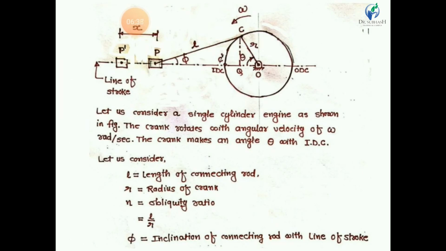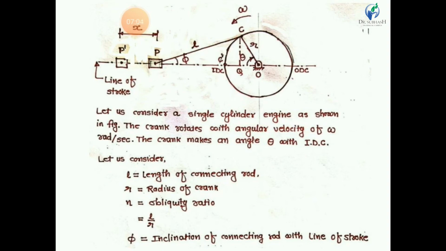Now again consider, when the crank rotates through theta degrees in the anti-clockwise direction, the piston displaces through x distance from P to P dash. This x is our displacement.